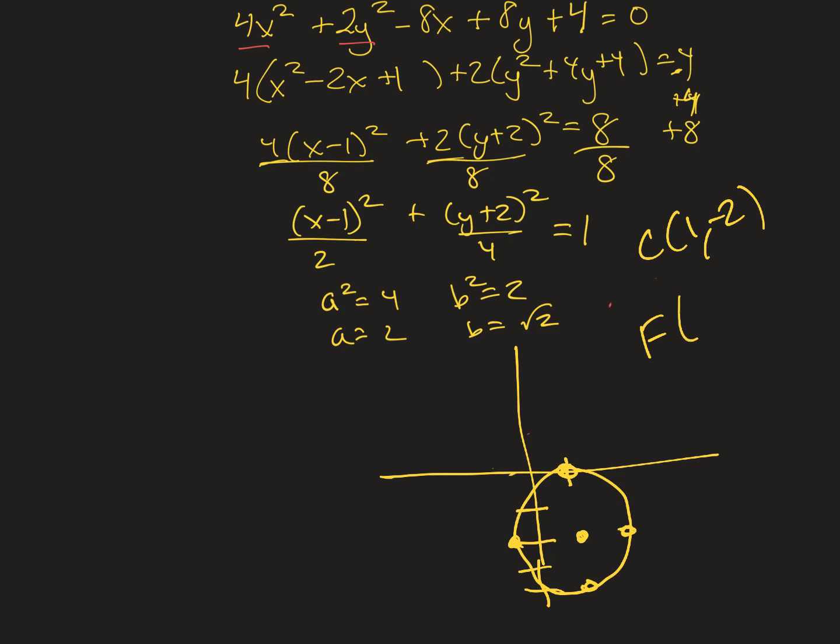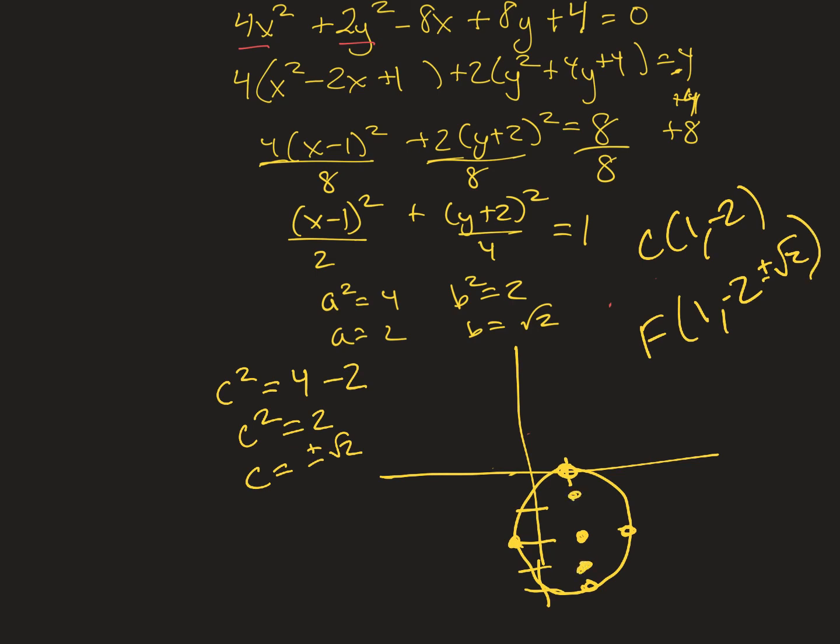So the x coordinate is the same as the center, and the y coordinate, I do -2, and then I've got to figure out what c is. c squared is going to be a squared minus b squared, so c squared is 2, or c is plus or minus root 2. So my foci are going to be -2 plus or minus root 2. And so those would be my foci in there.